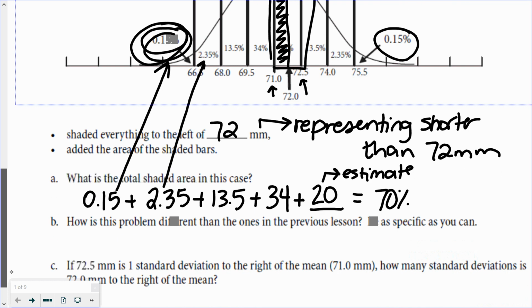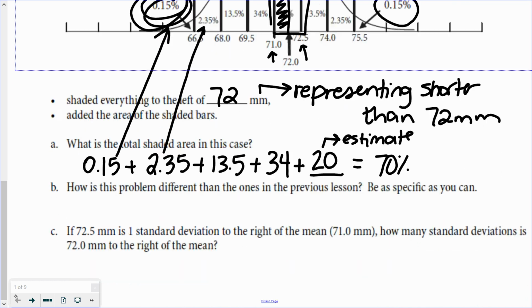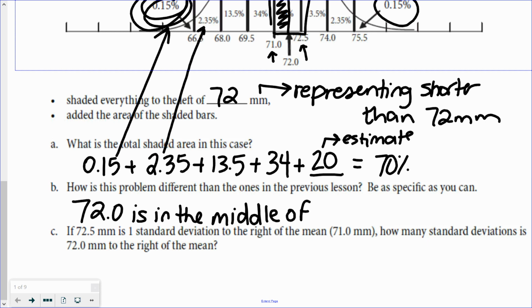So B says, how is this problem different than the ones in the previous lesson? The problem is 72.0 is in the middle of one standard deviation.